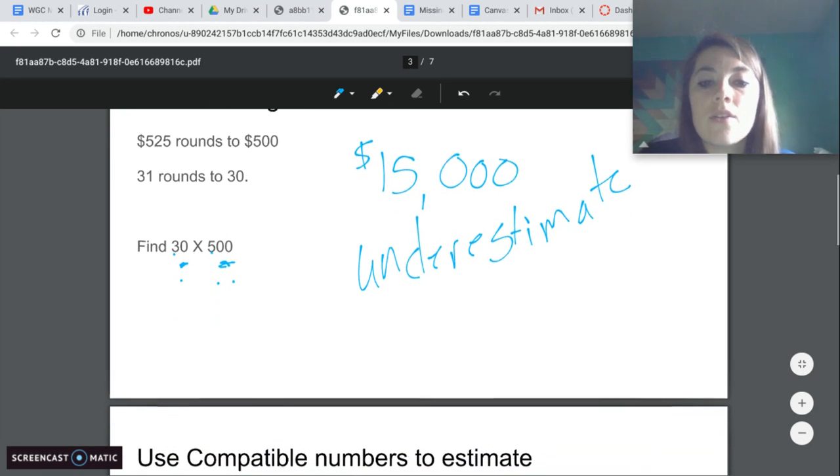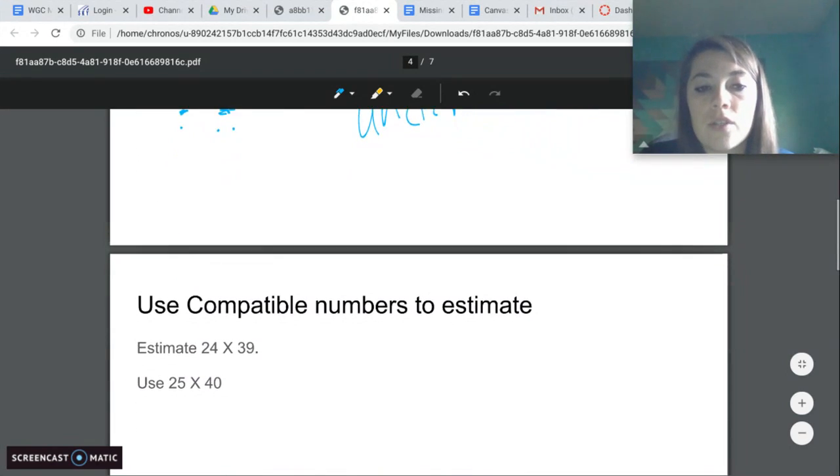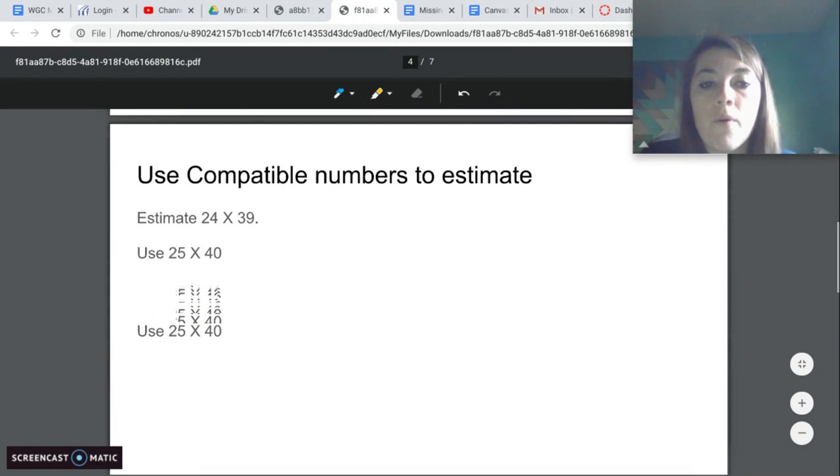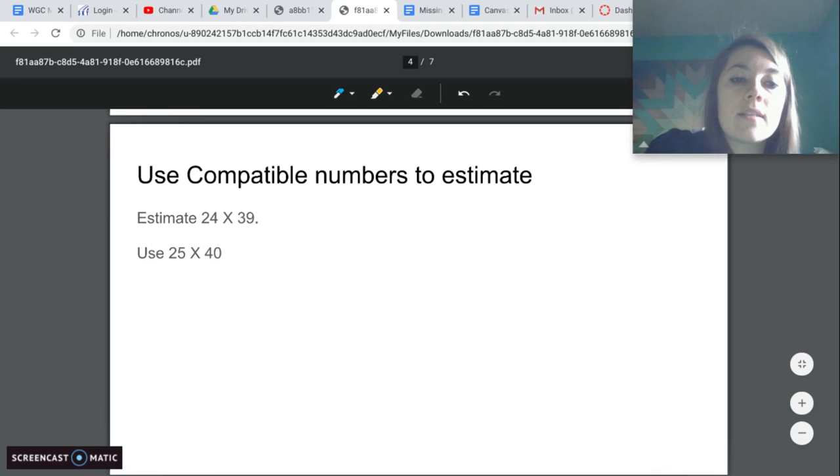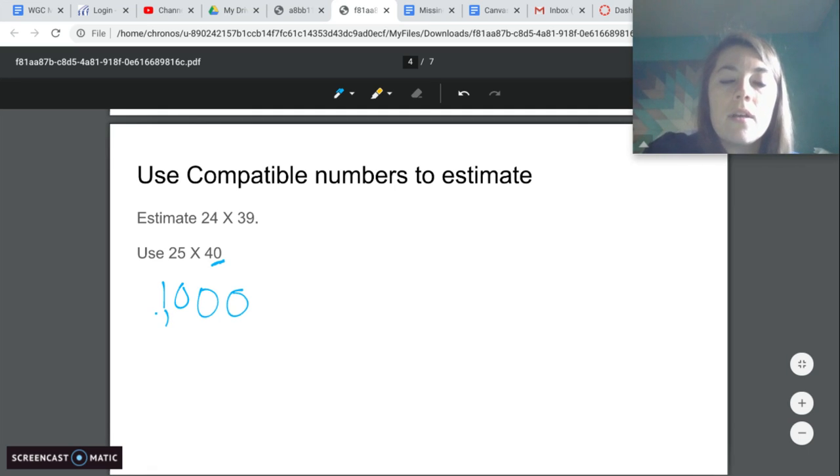All right, we can also use compatible numbers to estimate. So estimate 24 times 39. Well, 24 times 39 isn't the easiest, but 25 times 40 is a little easier, because 25 times 4, remember, quarters and a dollar, that gets us 100, plus we had the 0 here, so add another 0, so we have 1,000.